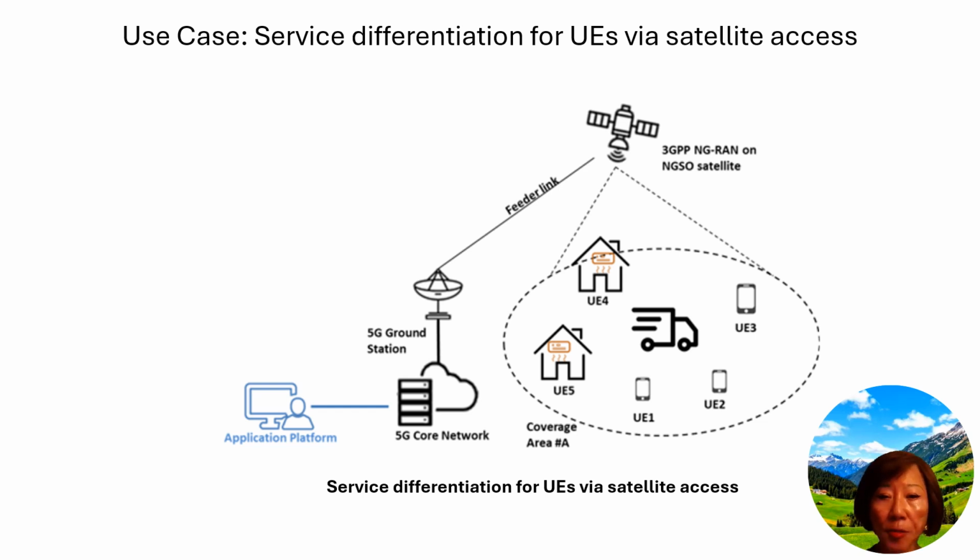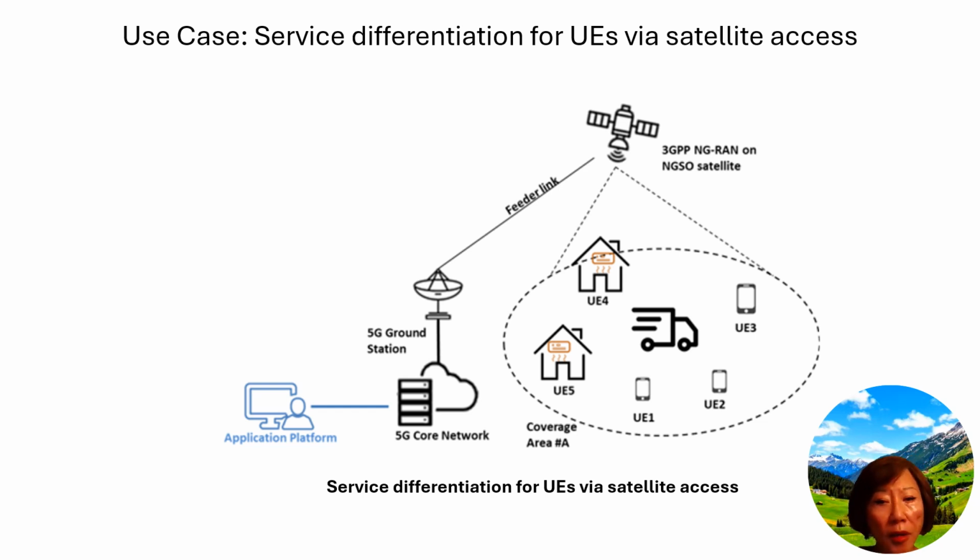Let's talk about the UEs. UE4 and UE5, represented by house icons, possibly indicating fixed wireless access points or smart home devices. We have UE1 depicted as a truck, suggesting a mobile IoT device or vehicle. We have UE3 and UE2 shown as smartphone icons representing mobile user devices.